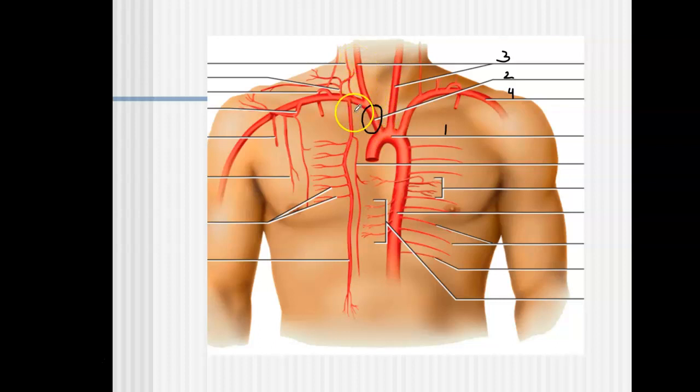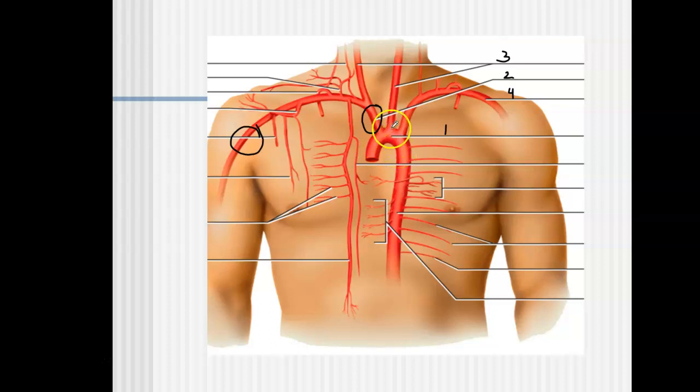Here I have carotid. And then this one going under the clavicle here is subclavian. That again is going to change its name when it gets here to the region of the axilla. So there I'm going to call it axillary. So let's do those again backwards. Axillary, subclavian, and then brachiocephalic. And then aortic arch.